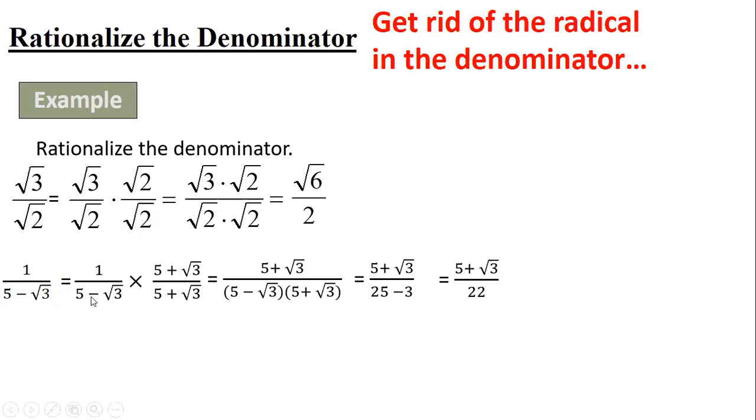If in the original fraction I have plus, I multiply both by minus. If I have a minus, I should multiply by the same denominator but with a different sign. Now, after multiplication, I get a fraction without a radical in the denominator. This is how we rationalize the denominator of a fraction, and this is very important.